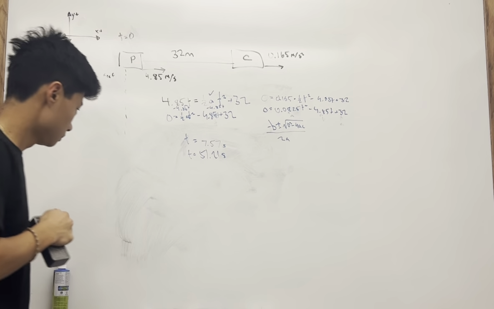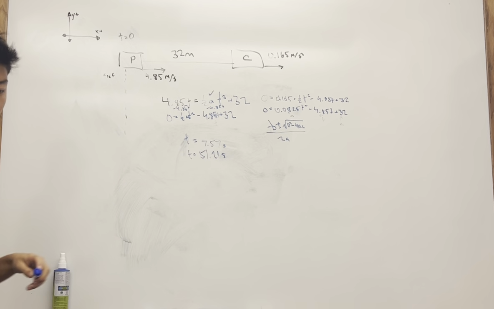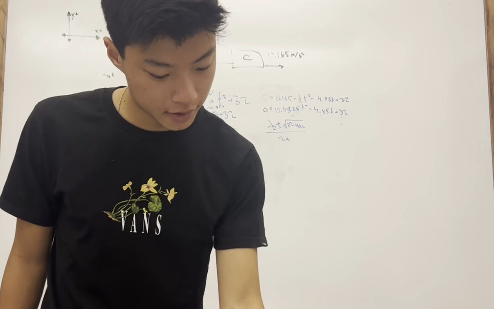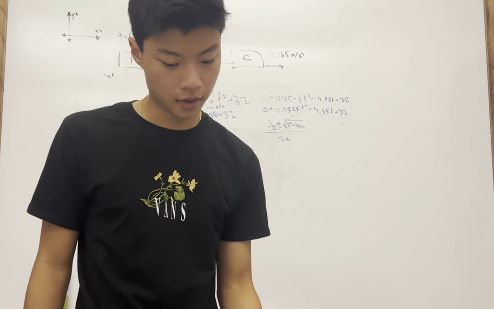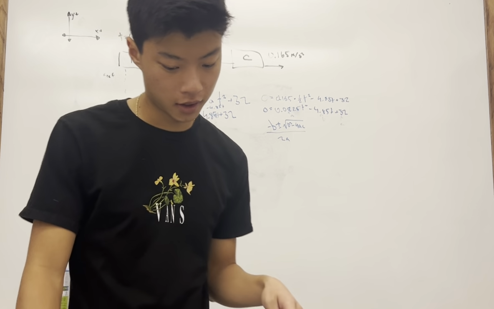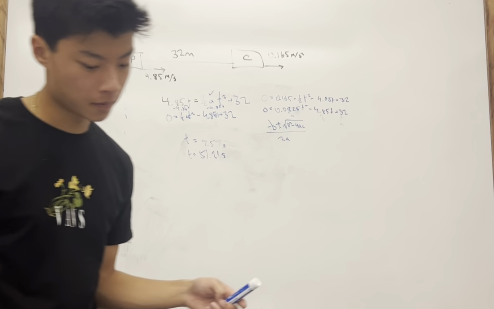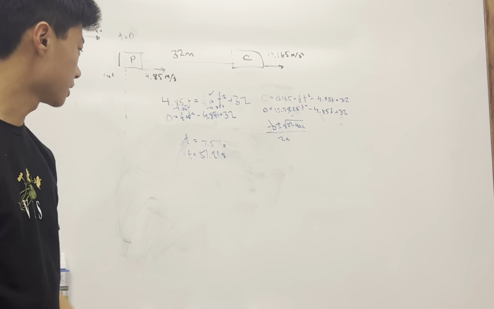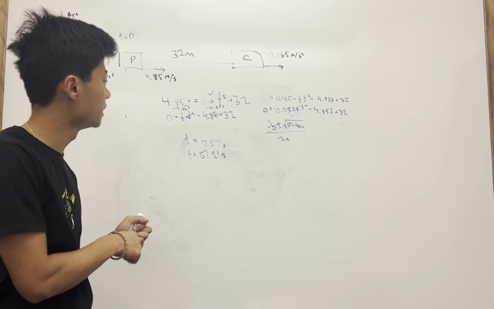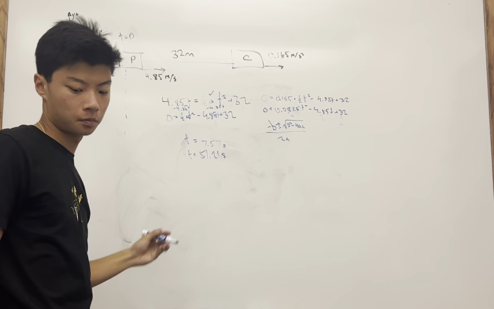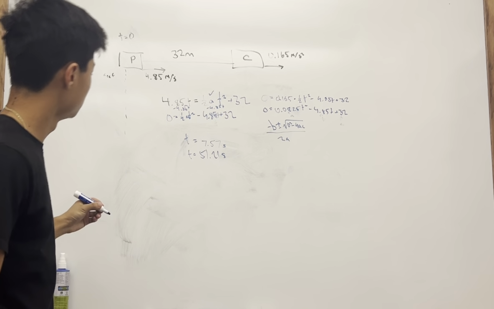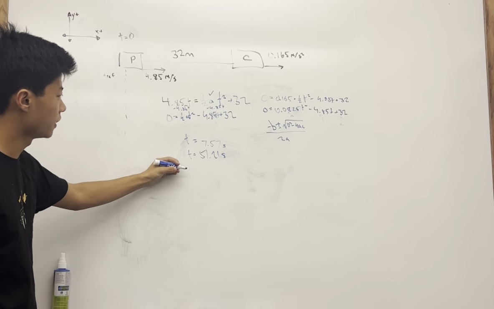Now the question asks us, What is the distance traveled by the toy car from the time that the puppy catches up with it the first time, then when the puppy catches up with it the second time? So we don't know the distance yet. We do know the time. And do you remember the thing that we found out before?